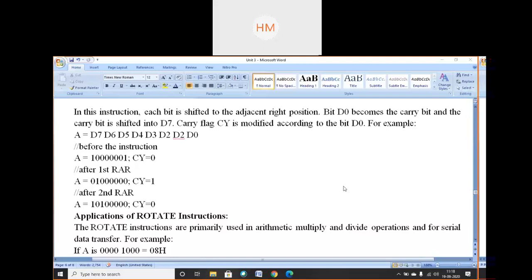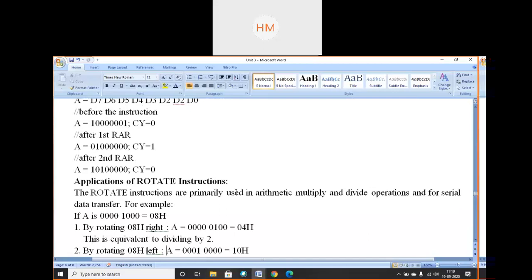So how will we implement multiplication and division? Multiplication can be done by adding the number that particular number of times. Division you can perform by subtracting, or you can perform these operations by using rotate instructions. The rotate instructions are primarily used in arithmetic, multiply and divide operations and for serial data transfer.